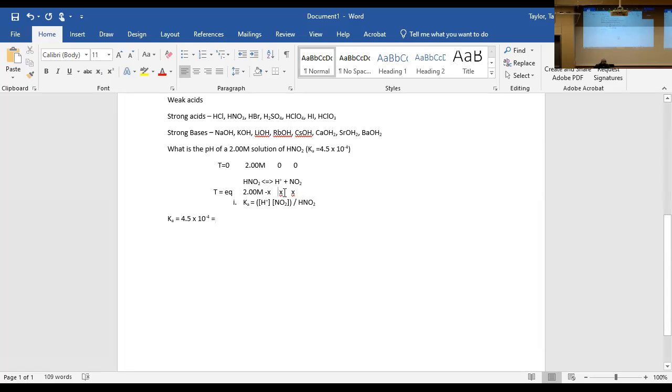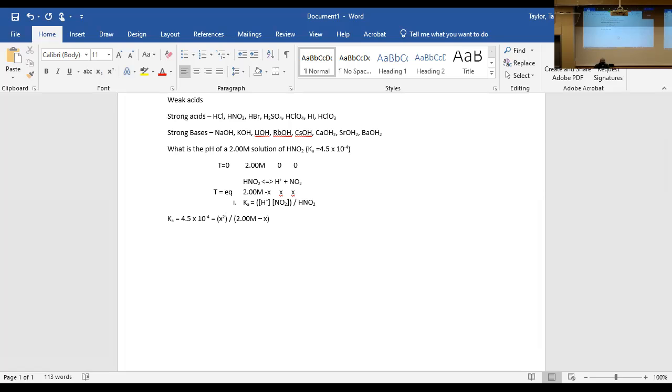H plus is X, NO2 is X, and then HNO2 is 2.00 molar minus X. So we have the numerator, X squared, because you have two X's, divided by the denominator, which is 2.00 molar minus X.